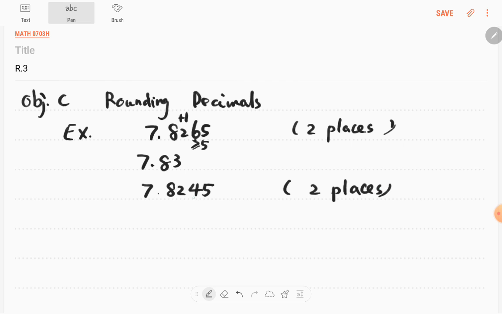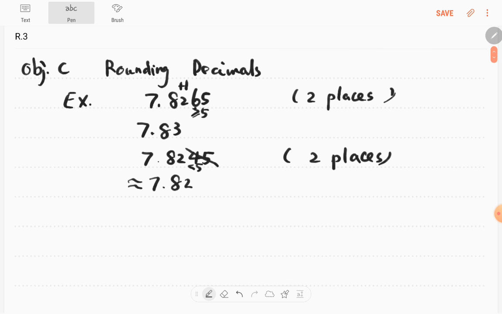So we check the third place, this number 4. 4 is less than 5, so we just drop the remaining part and do not add 1 to the second place. So that will be rounded to 7.82 is our final answer.